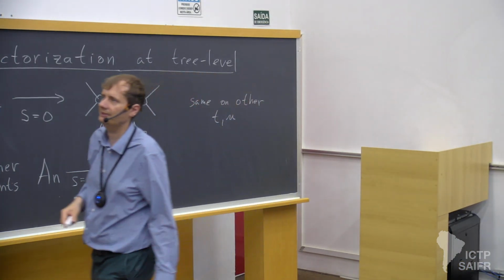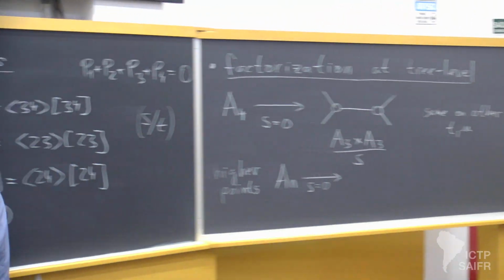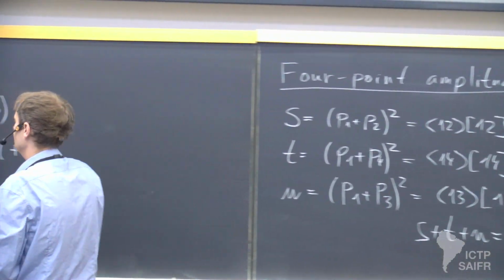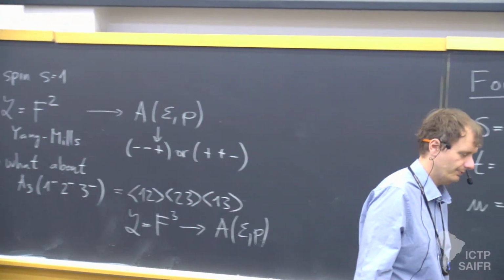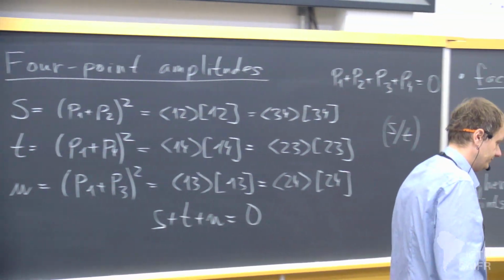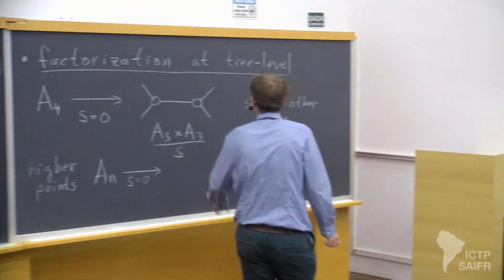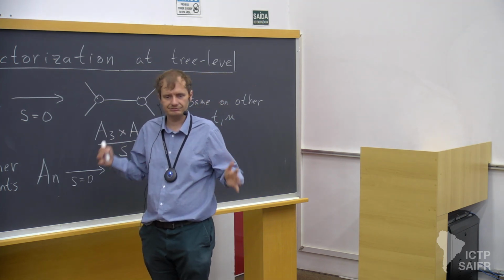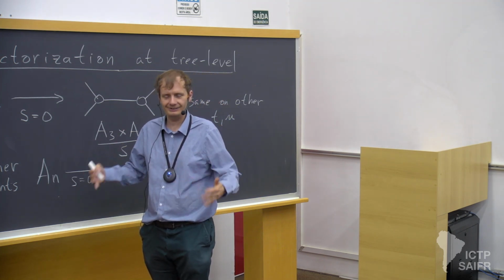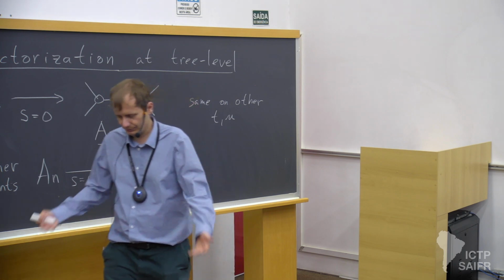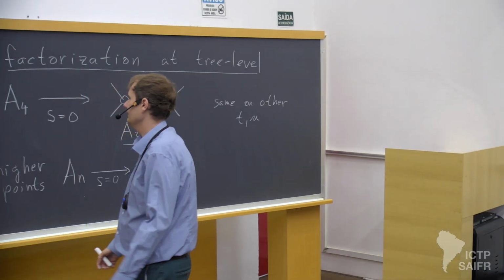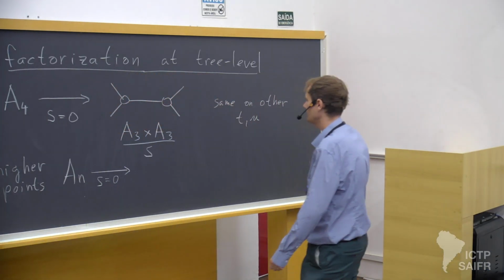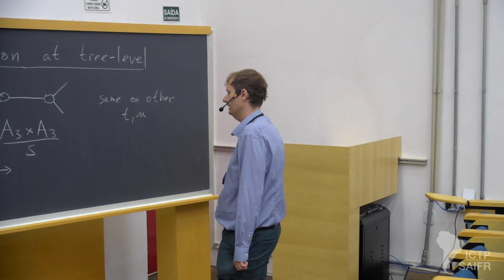We said at 3-point the loop order didn't matter. This was just fixed. Yeah, maybe some overall factor might depend on some loop information and so on. But here, starting at 4-point, the loop order is important. Yeah, the 1-loop amplitudes and 2-loop amplitudes and so on are more complicated. So here we are working at tree level.